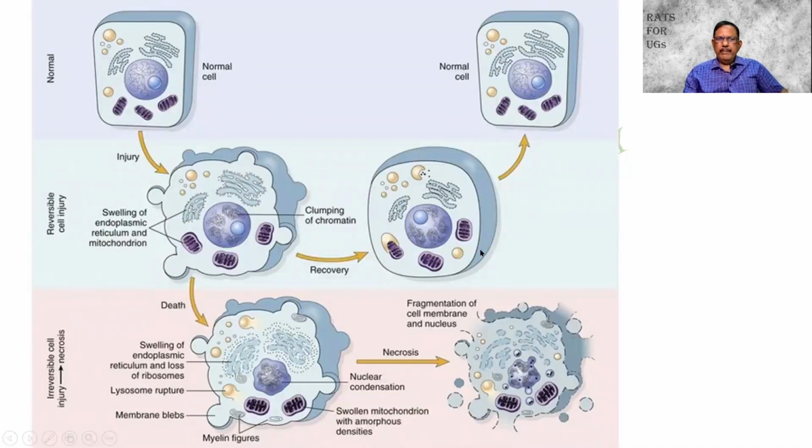The same thing is repeated over here. A normal cell, any form of insult, leads to the various changes that have been mentioned earlier. If the insulting agent is removed, it reverts back to normal. There is a recovery. But if it is persistent, then all the changes mentioned earlier go on to irreversible change, and we get these.